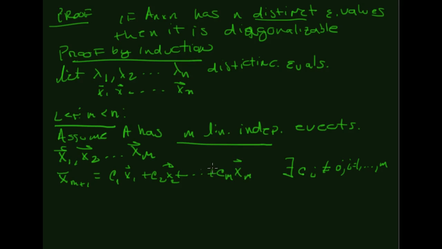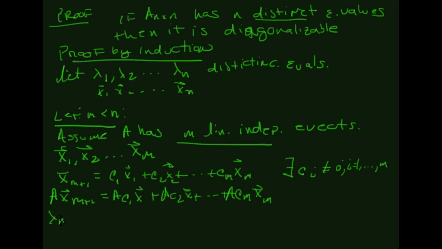Now, because these are eigenvectors, I'm going to throw in an A here. So we're going to let A x(m+1) be A c1 x1 plus A c2 x2 out to A cm xm. Now, I'm also going to create the other way.